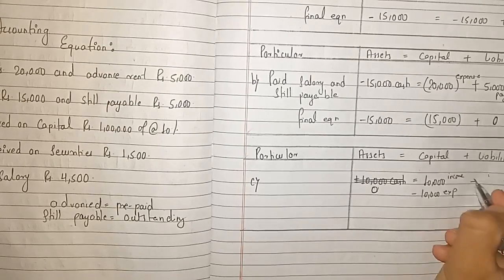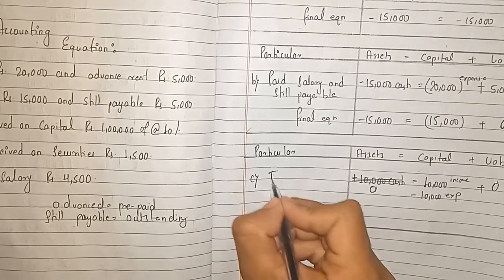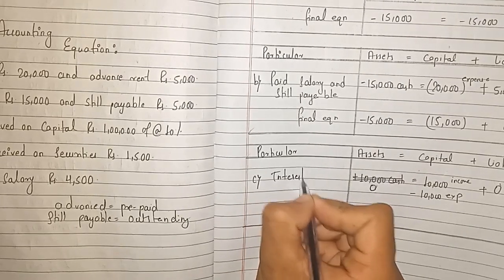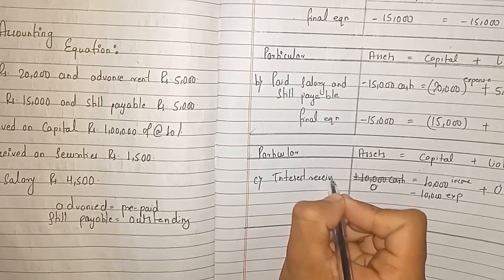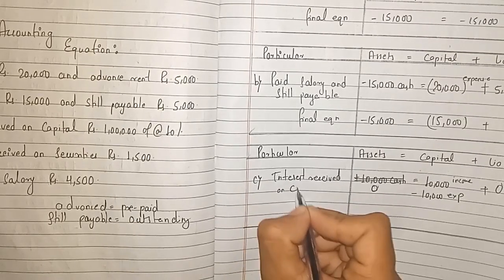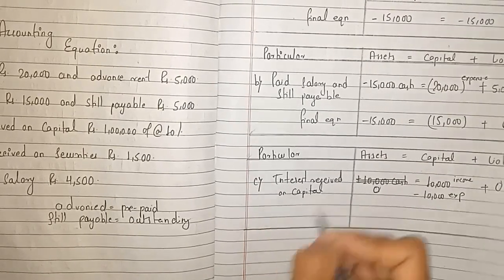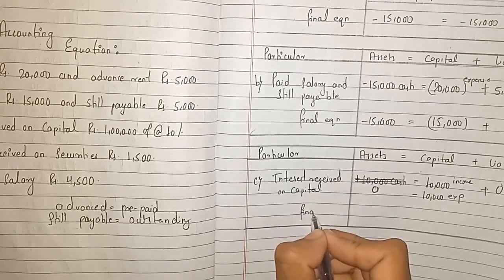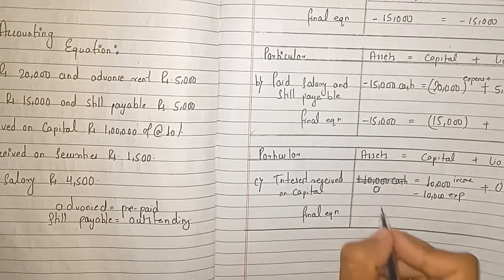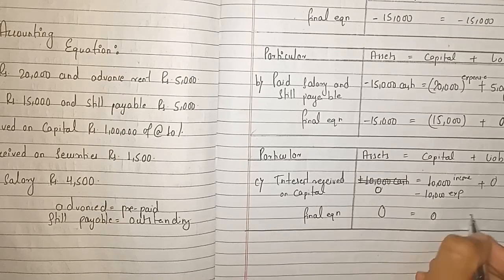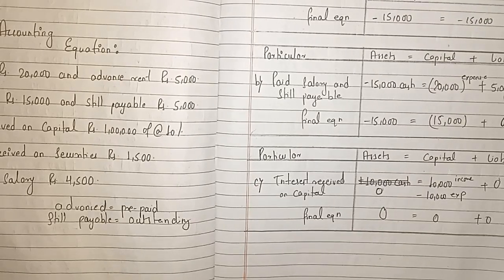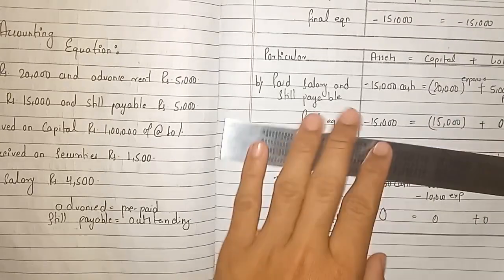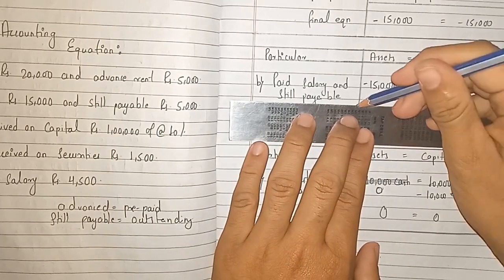So there will be zero effect in liabilities. Interest received on capital, and our final equation will be 0 is equal to plus minus 0 plus 0. Let's draw a line here.